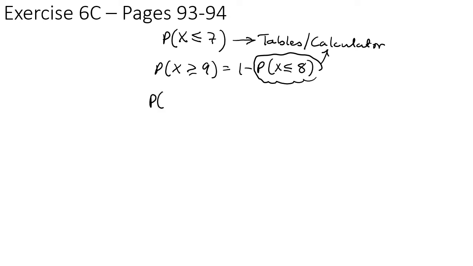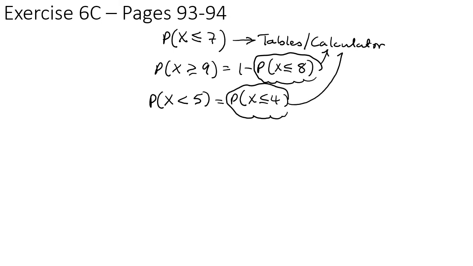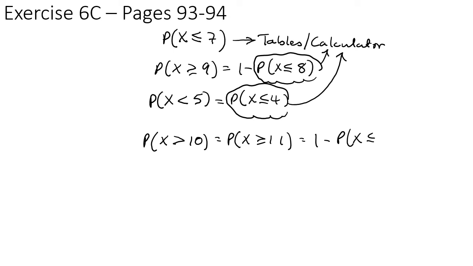If I had the probability that x was less than 5, we change that to the probability that x is less than or equal to 4. And then again, we'd use our calculator. And the last type would be the probability of x is greater than 10, which actually means the probability that x is greater than or equal to 11, which is 1 minus the probability x is less than or equal to 10.